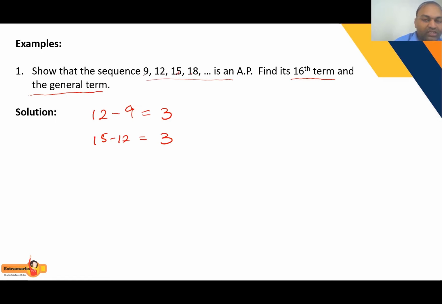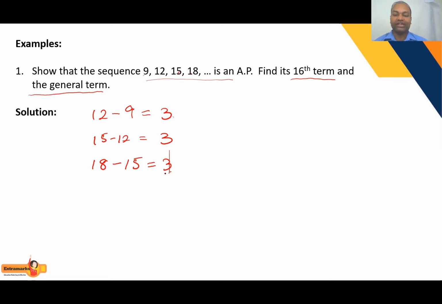Fourth term minus third term. Fourth term is 18 and third term is 15. So 18 minus 15, 3. Now observe here, differences are same. If differences are same, then given problem is in AP, arithmetic progression. Right. So given question is in AP.